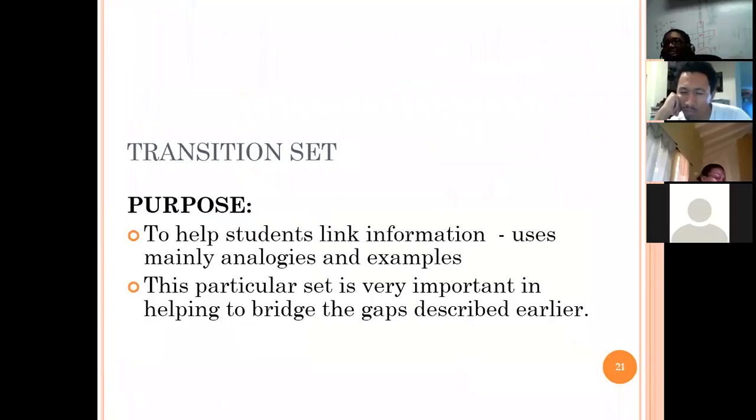Now, this is about the actual teaching. And when we meet, we'll talk some more about what we call the transition set. The transition set is the set of actions that help to link information. So in teaching, you're ensuring that the information that you present is always linked to what you're going to do next.